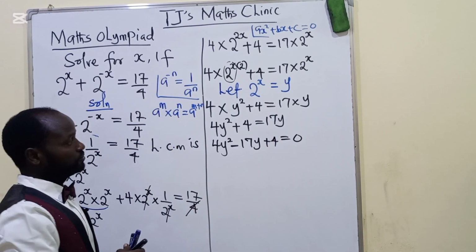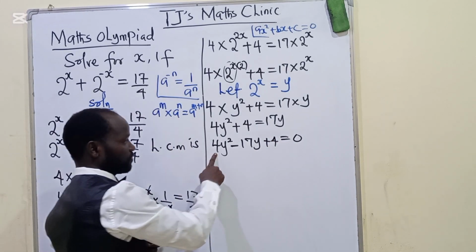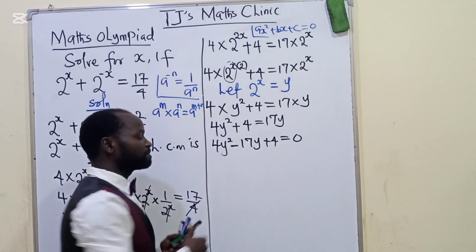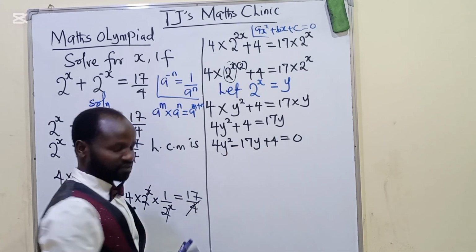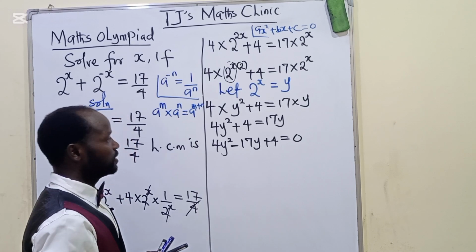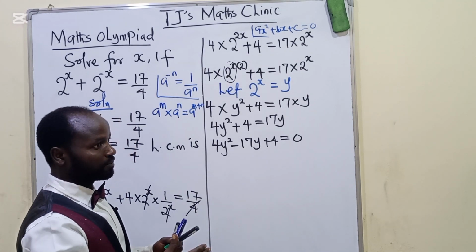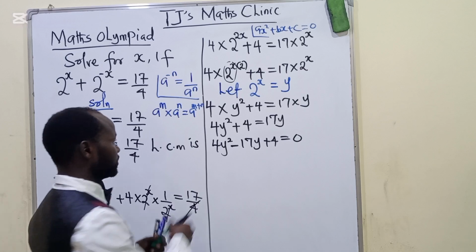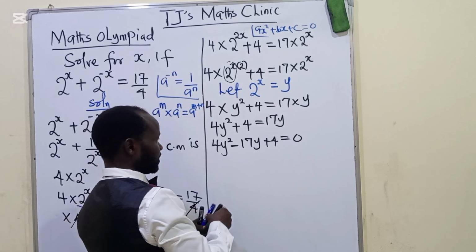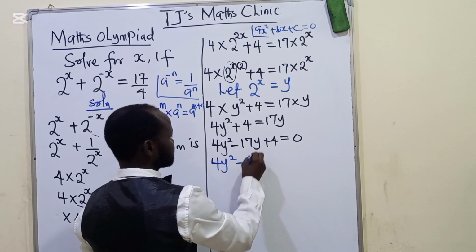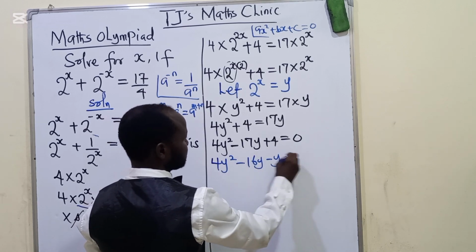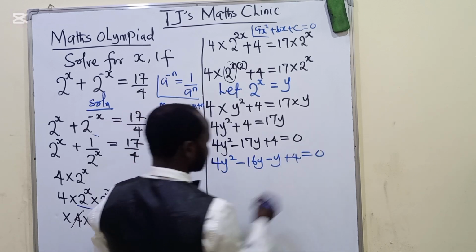Is it factorizable? Yes. We multiply the first term by the last term, that's 16y squared. Two factors of 16y squared that can give us minus 17y when we sum them: of course, it will be minus 16y and minus y. So here we'll have 4y squared minus 16y minus y plus 4 equals 0.